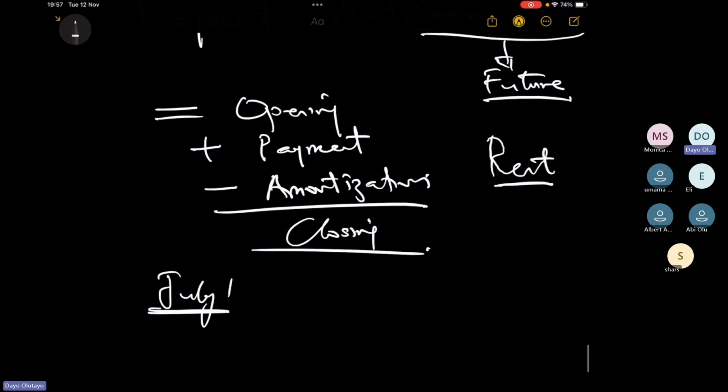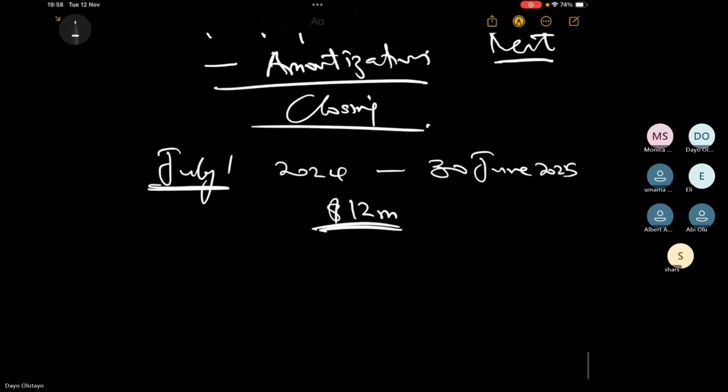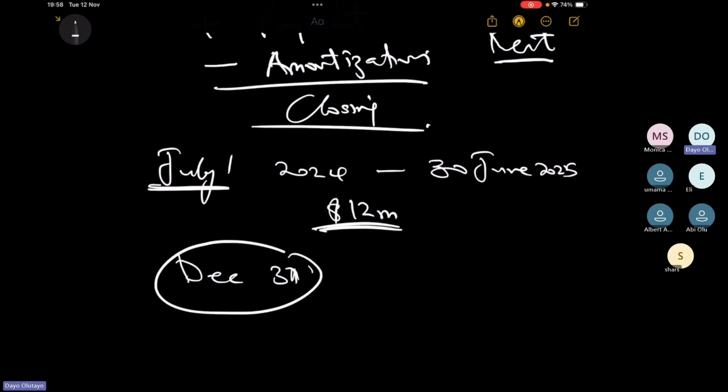If your year end is December 2024, it means that you have paid rent for July 1, 2024 to 30th of June 2025. You have paid, let's say, $12 million for your building. By December 31st, you have only enjoyed 6 months of your rent.